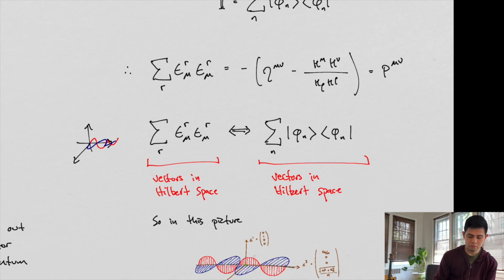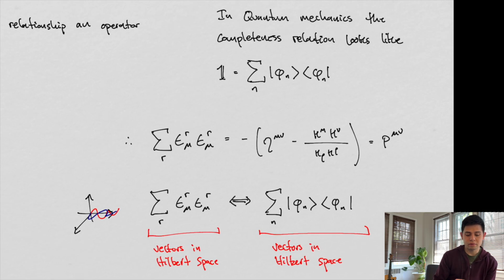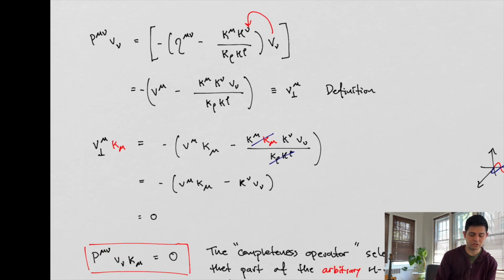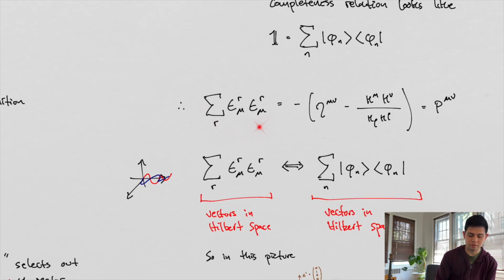The momentum forward vector, we get 0. Right? So I'm not saying that there's a complete analogy between what looks like a quantum mechanics completeness relationship and this relationship right here. I'm not saying that there's a direct link between the two, because there's obviously not.